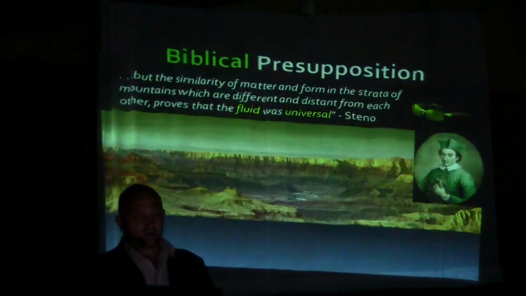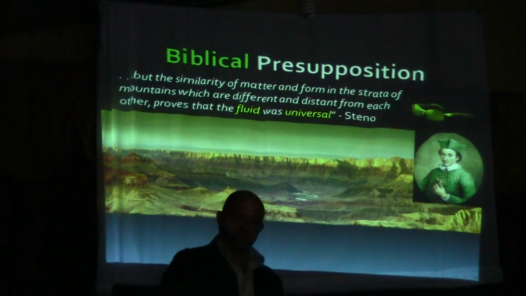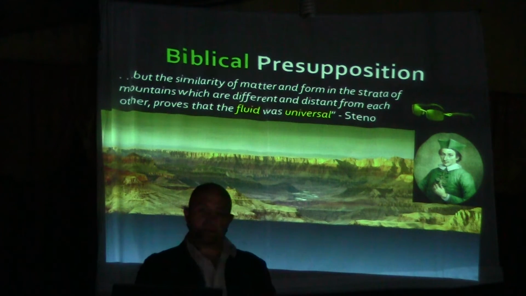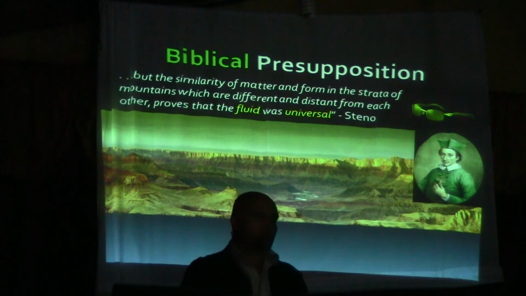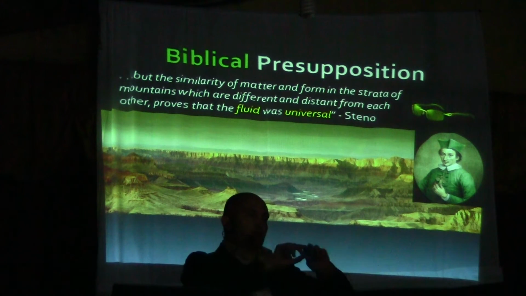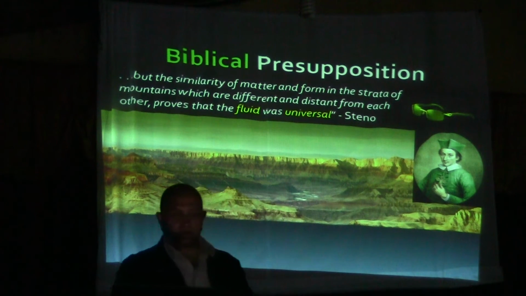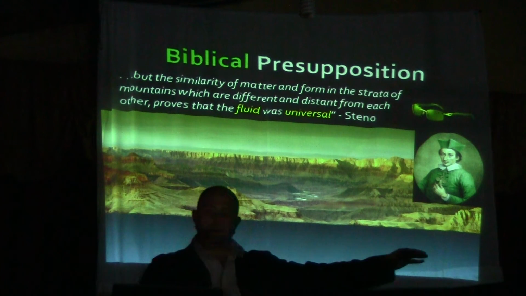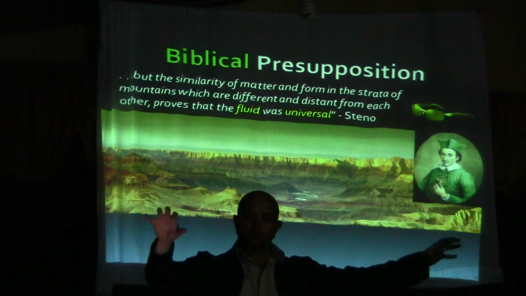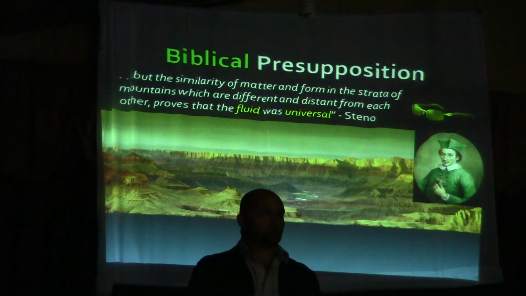Anyways, this guy was a Bible believer. In his fancy dissertation he said, but the similarity of matter and form in the strata, what does strata mean? It means layers, geological layers, the sedimentary layers. The layers of mountains which are different and distant from each other proves that the fluid was universal. What universal fluid is he referring to?